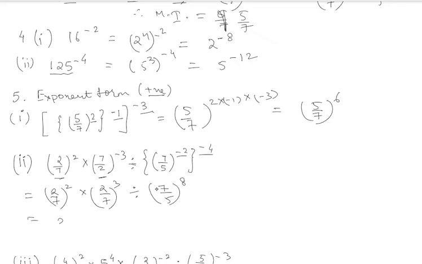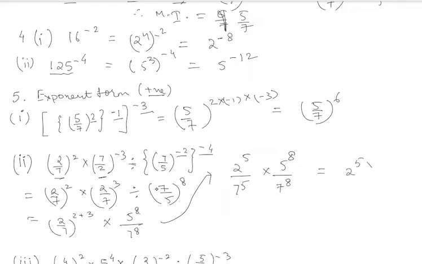So from these two I get (2/7) to the power of 2 plus 3, that will become 5 in the next step, and this division sign becomes multiplication, and I am writing the power separately. (5/7) to the power of 8. So the next step is 2 to the power of 5 by 7 to the power of 5 into 5 to the power of 8 by 7 to the power of 8. So my answer is 2 to the power of 5 into 5 to the power of 8 by 7 to the power of 8 plus 5, which is 13.